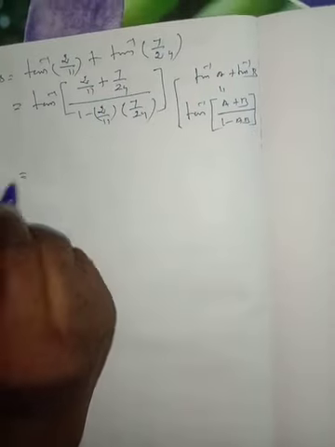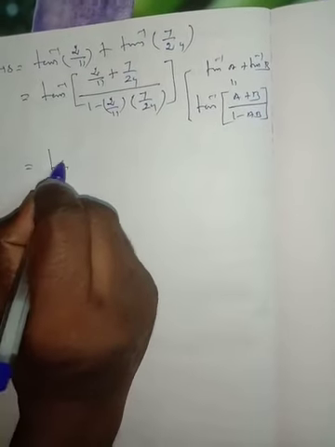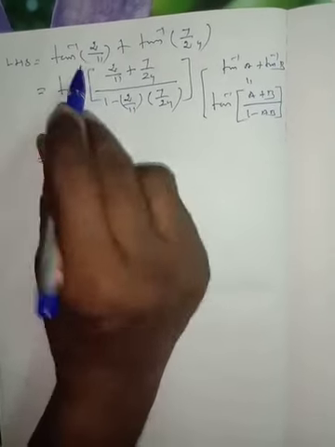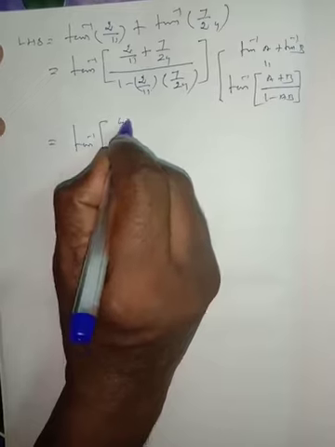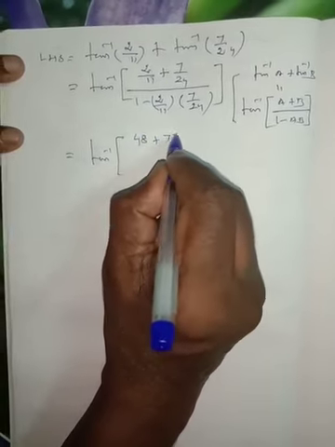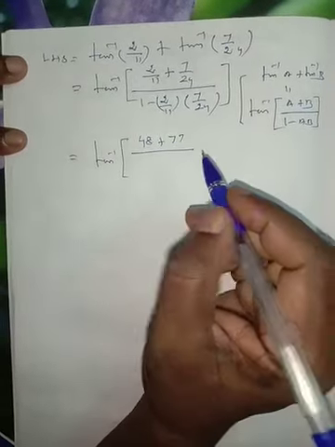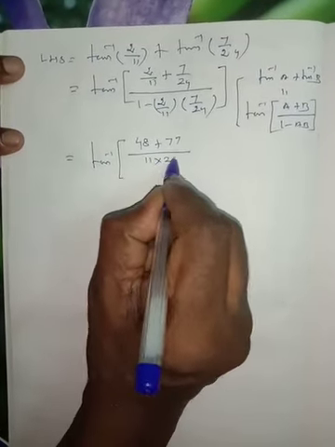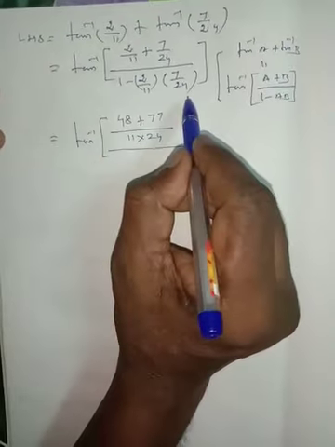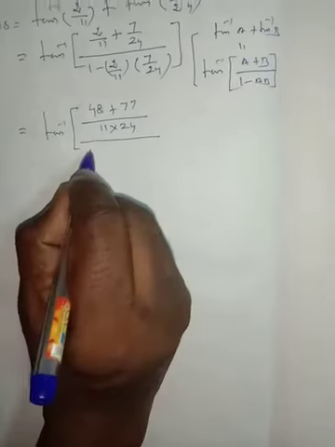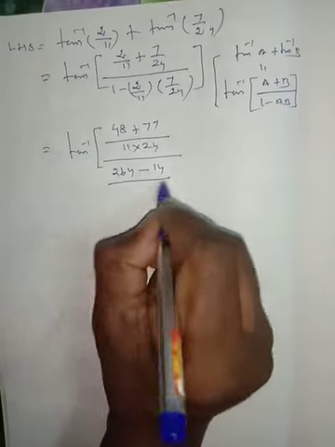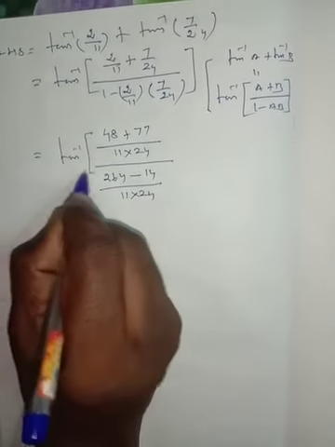Okay, now tan inverse of 2 into 24, 48, plus 77, divided by 11 into 24, which is 264, minus 14, divided by 11 into 24.